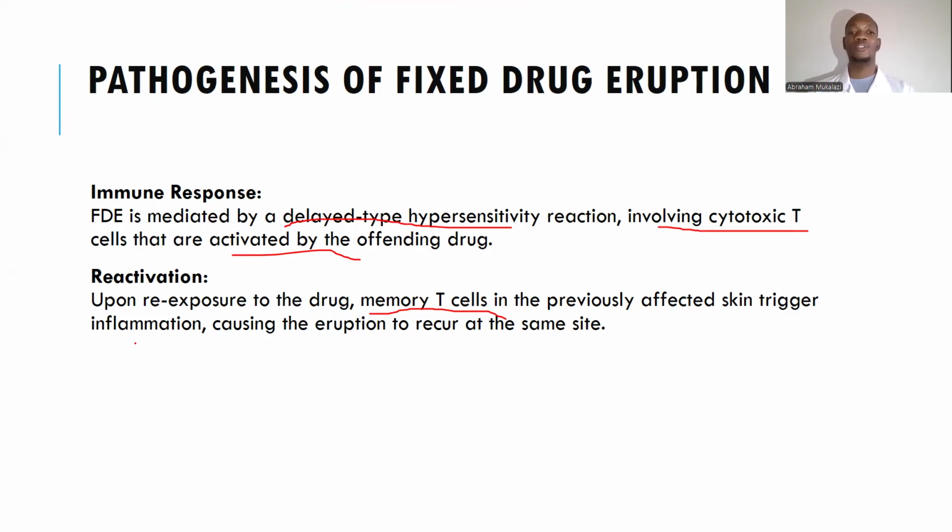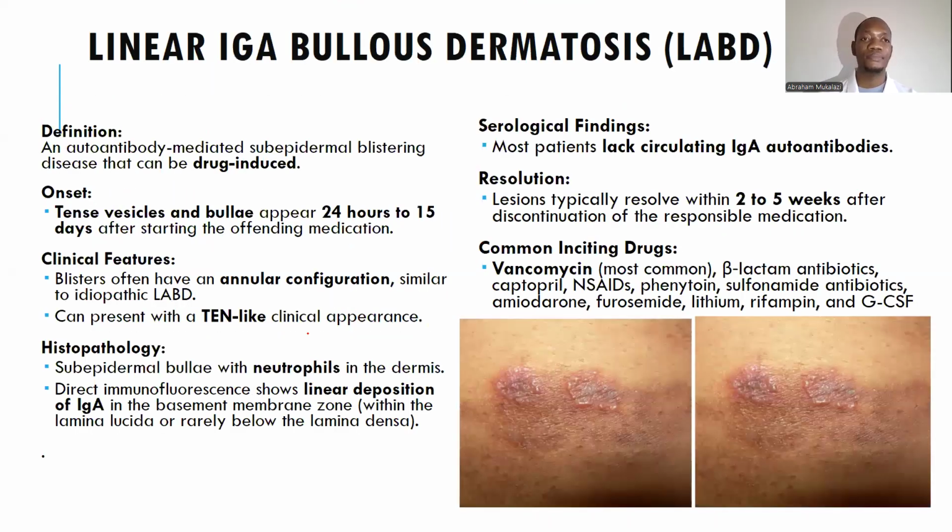So after this homing and formation of memory T cells, they usually remain in the lesional skin, and they only wait for you to take the drug again to become reactivated and cause the same reaction at the same site.